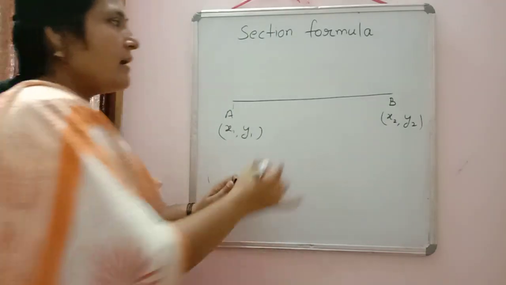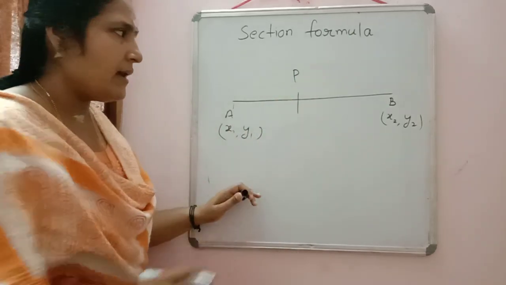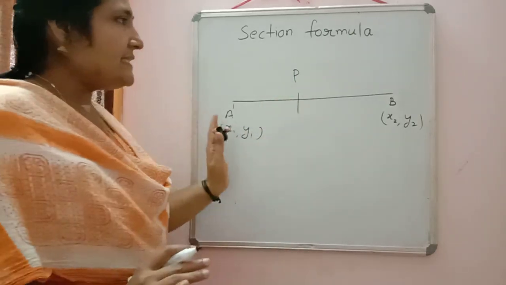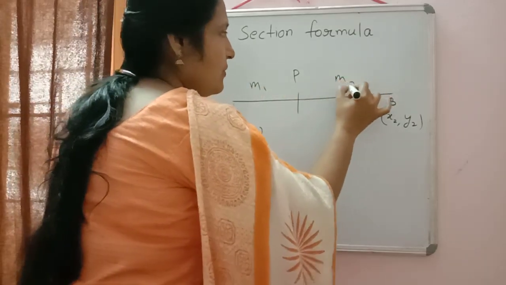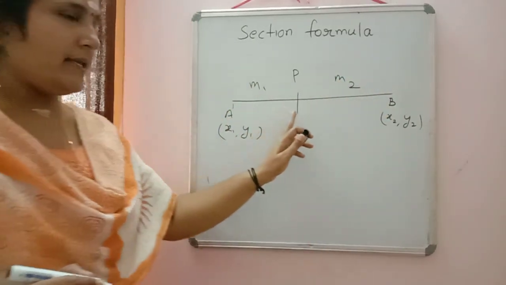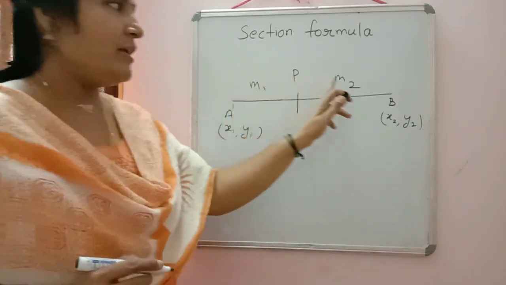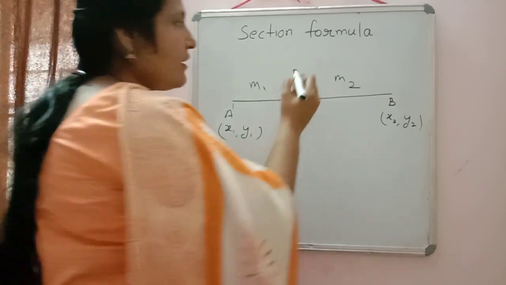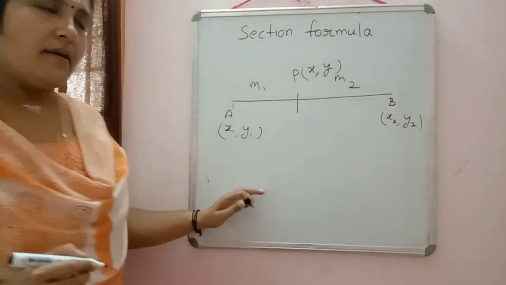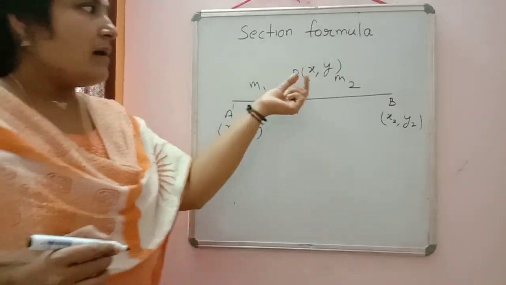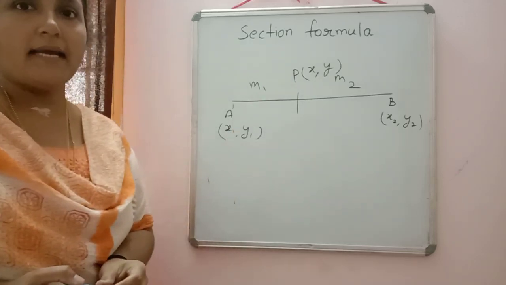In between I have marked a point P, not at the midpoint but anywhere, which divides AB in the ratio m1:m2, and the coordinate of P I have taken as (x, y). Now we have to check how we will calculate the x coordinate and y coordinate of the point P.